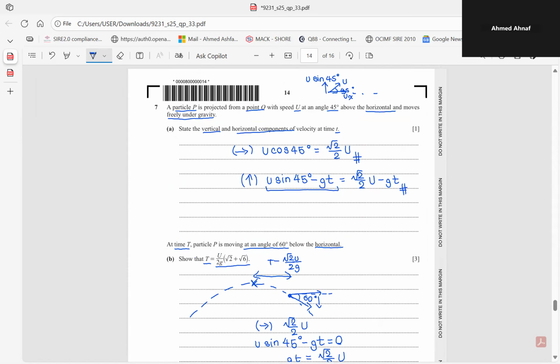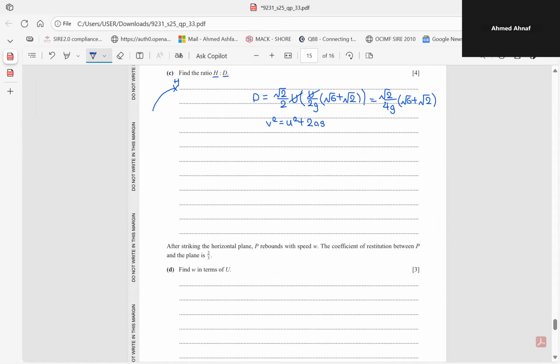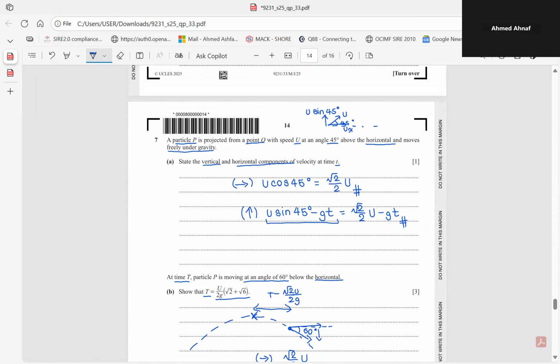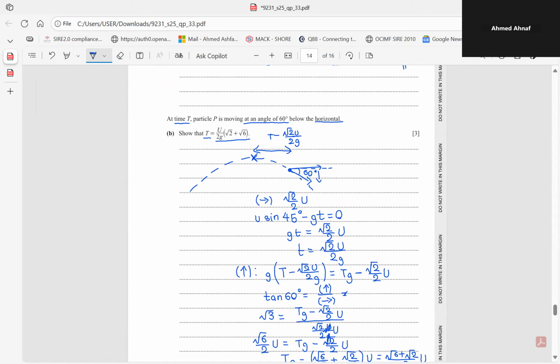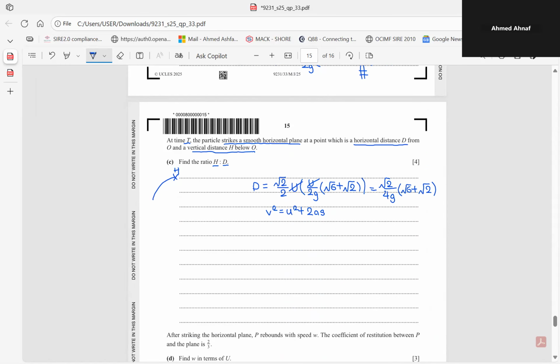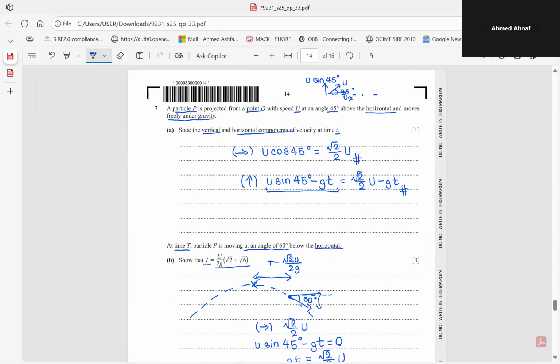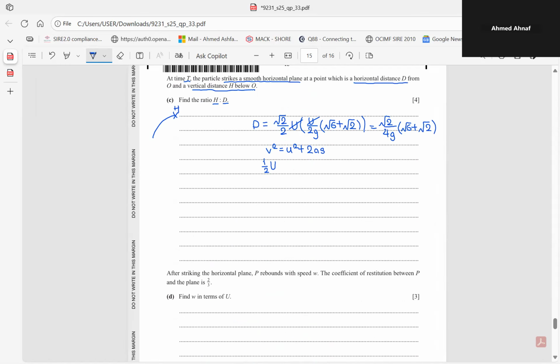So u squared, that's the initial vertical velocity, which is square root 2 over 2 big U. So u squared is half U squared, minus 2gs equals 0.